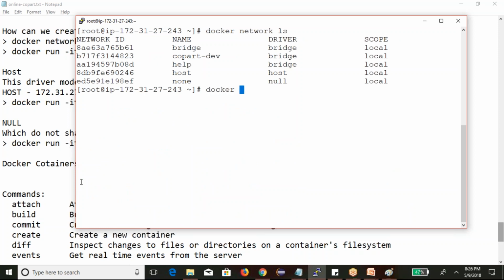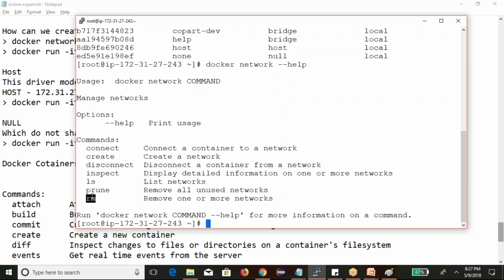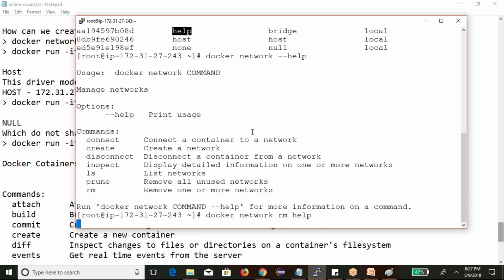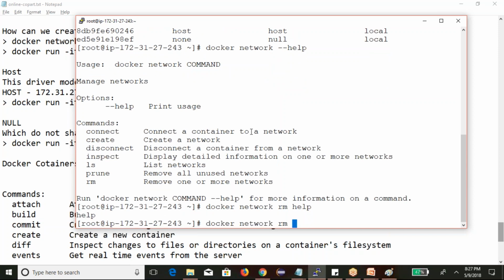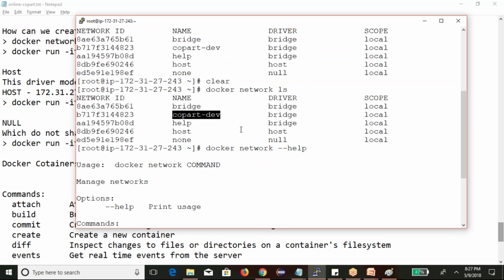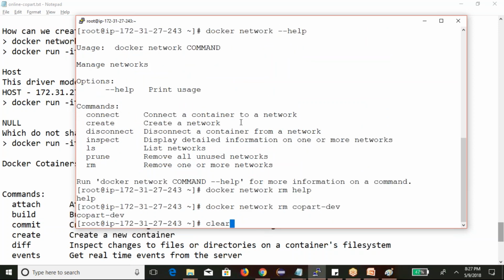Docker network rm, and health, and I should delete the container also because it's not needed anymore. Okay, so I just did it.